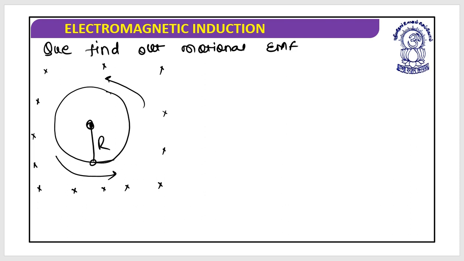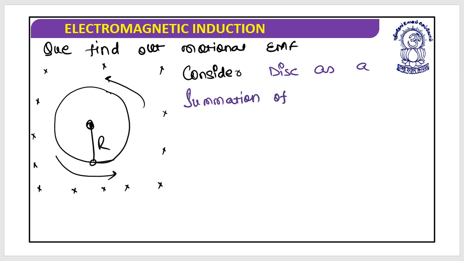So what I understand is that we consider this disk as a summation of an infinite number of spokes.